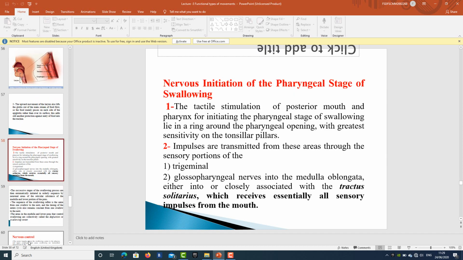Now let's talk about the nervous initiation of the pharyngeal stage of swallowing. The tactile stimulation areas of the posterior mouth and pharynx for initiating the pharyngeal stage of swallowing lie in a ring around the pharyngeal opening, with greatest sensitivity on the tonsillar pillars.